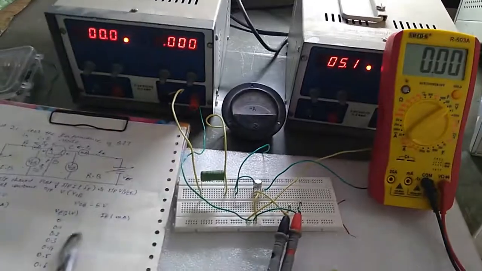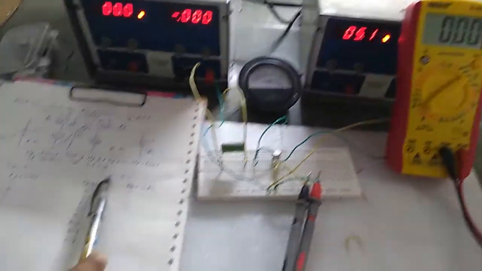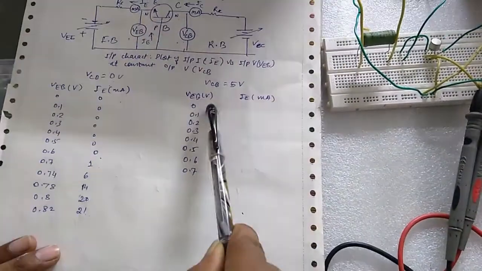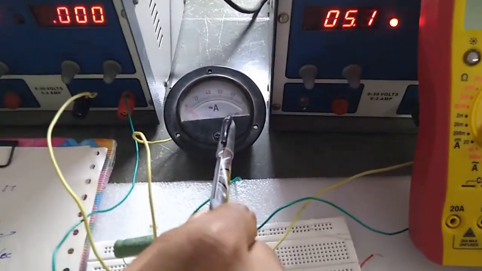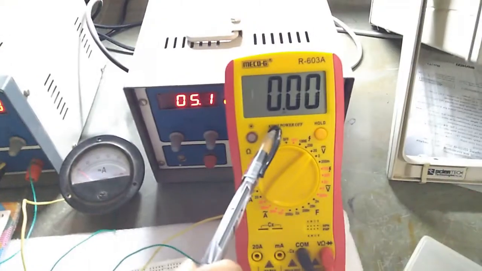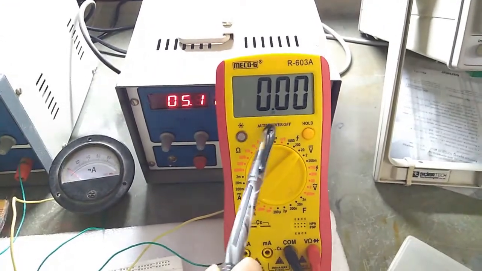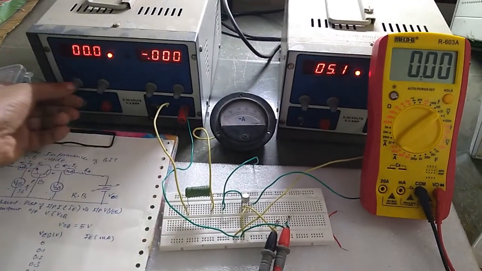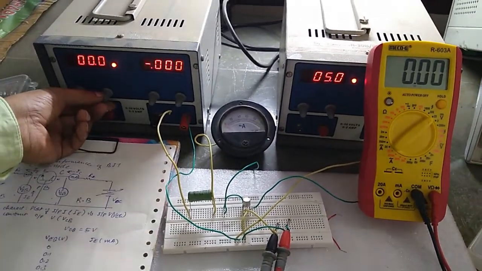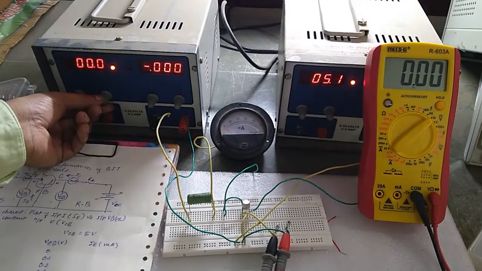This VCB is 5 volts I have set. Now we will increase the input voltage in steps of 0.1 volt. We will measure this emitter current, the input current, and we will measure the input voltage VEB on this voltmeter. So let us start. Increase the input voltage in steps of 0.1 volts.